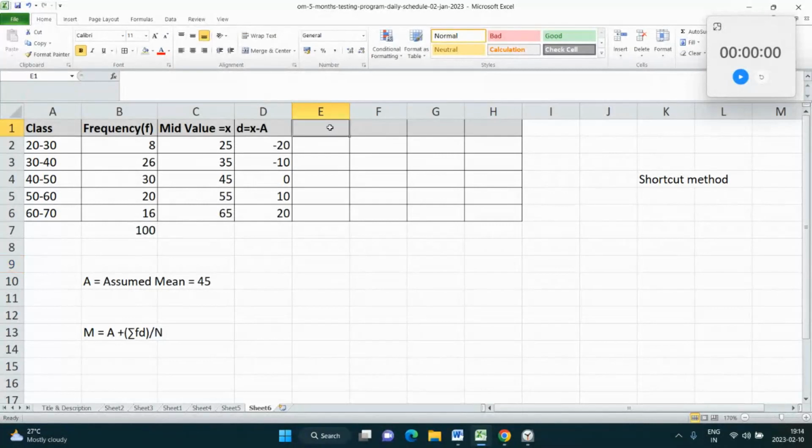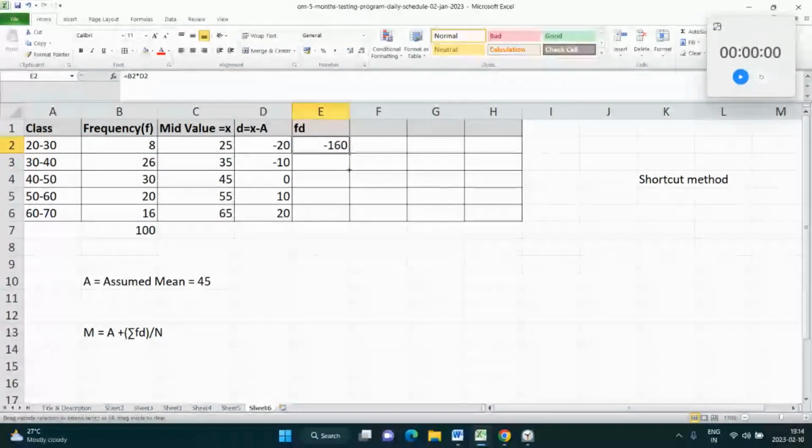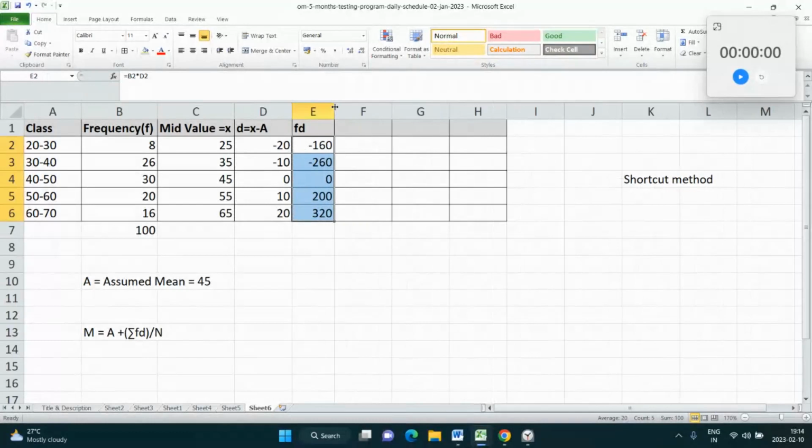Now I have to find out f into d. F into d is equal to the frequency into d value. Now I have found out the f into d. I have to find the sum of this.